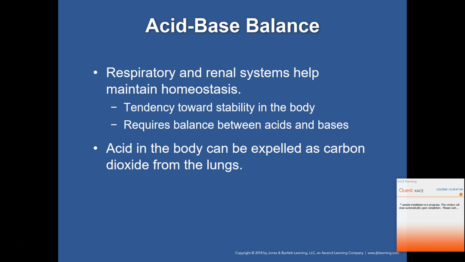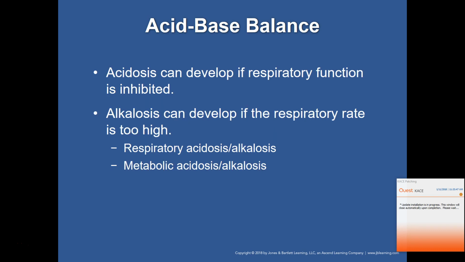The way that we can balance acidity in the body is through removal of carbon dioxide, because of how it interacts with water and other things in the body that release hydrogen. We get rid of the CO2, those things that CO2 normally interacts with go back to normal, and they take up that hydrogen, and it balances out the pH, getting it back to normal levels.